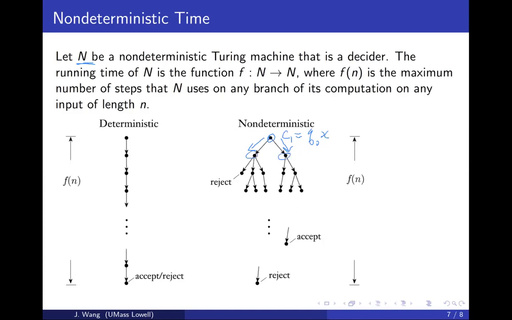So that means that we are going to have lots of branches, exponentially many branches, some of them shorter, some of them longer. Every one of those will halt because it is a decider. So the longest one is simply the time complexity of this Turing machine. Okay, so that's what that is.